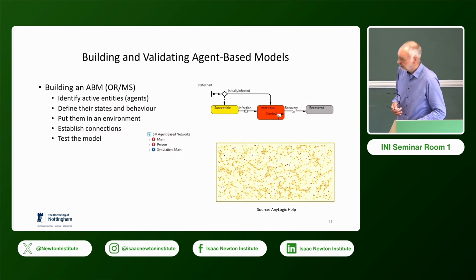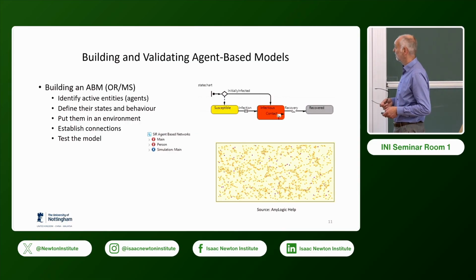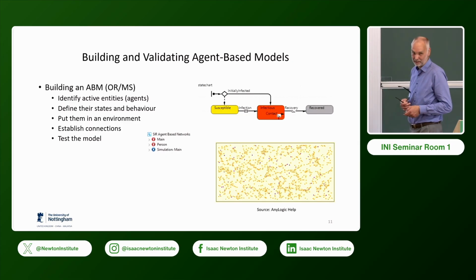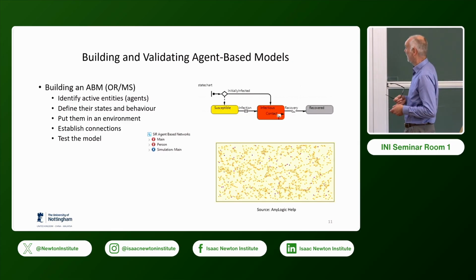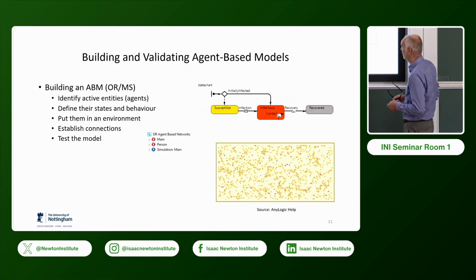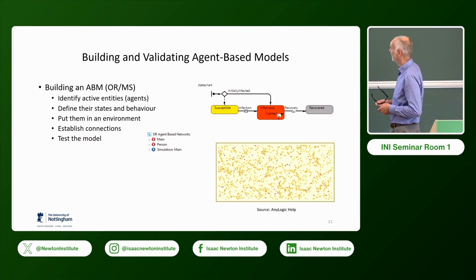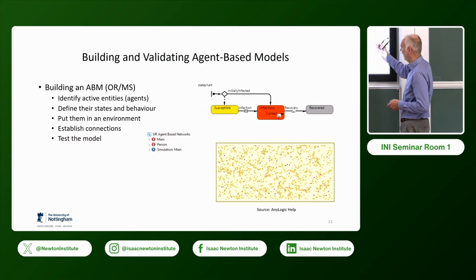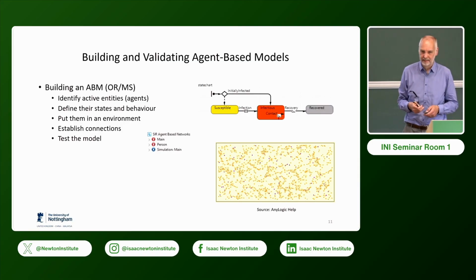Now, we come to building and validating these models. So you might know the model that I'm showing there. It's also based on the state machines, and there you can see some messages being passed and some rates being calculated. And here we have networks. We have different types of networks, like small-scale networks.